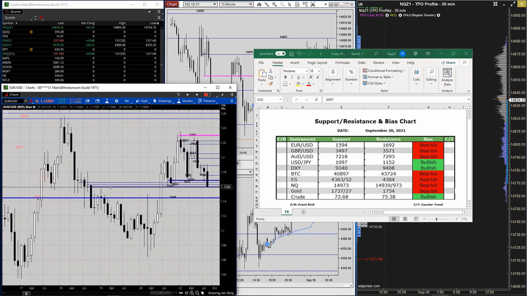Even taking a look here on the monthly chart, that's key right there. That 1597 here. That would be on a monthly. And then the next comes in at 1570. So let's actually push this down to 1570.